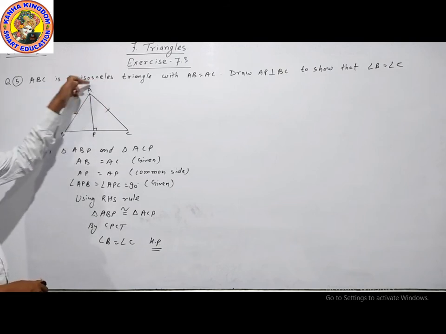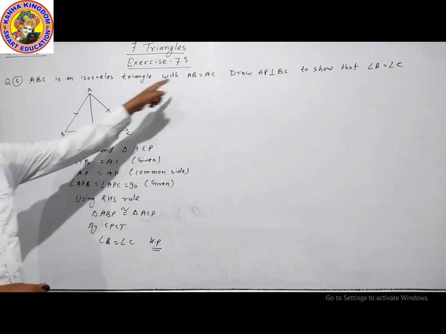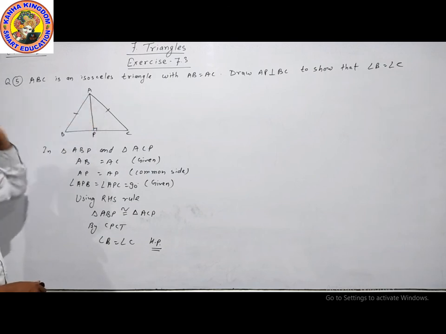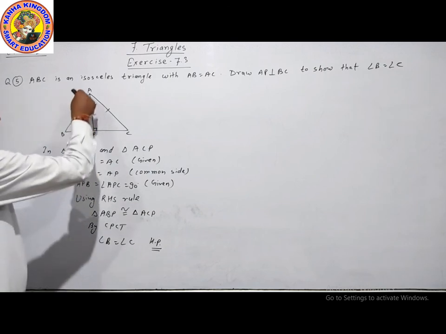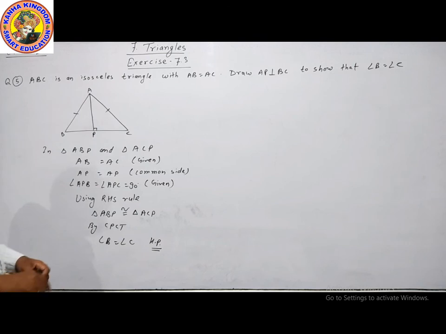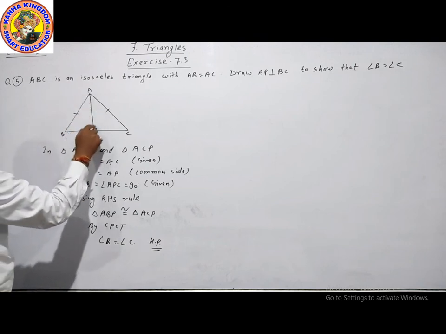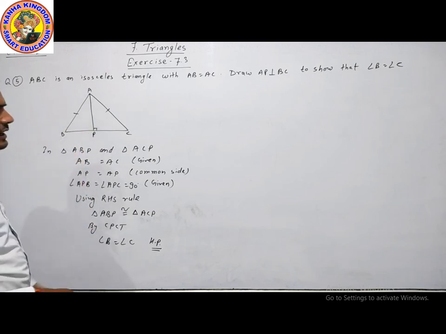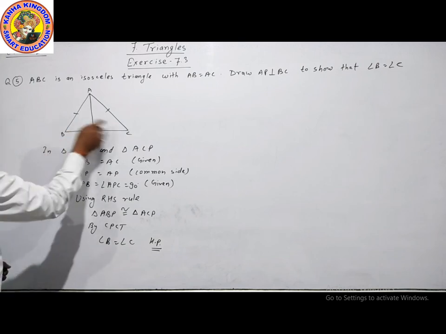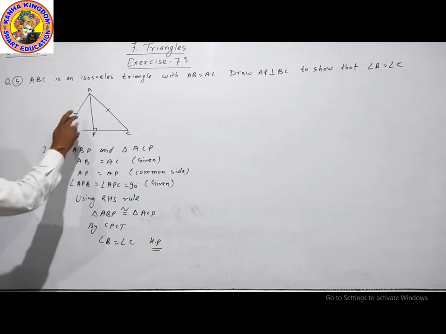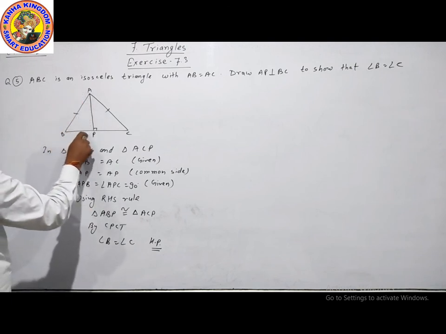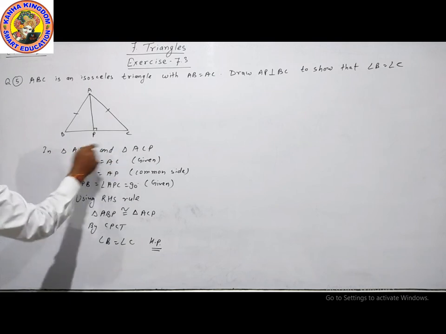ABC is an isosceles triangle. Draw a triangle ABC in which AB and AC are equal. AP is perpendicular on BC. Perpendicular means a 90-degree angle. So AP intersects BC at a 90-degree angle. AP is perpendicular on BC, so that angle B and angle C are equal. In these triangles, ABP and ACP, these are two triangles.